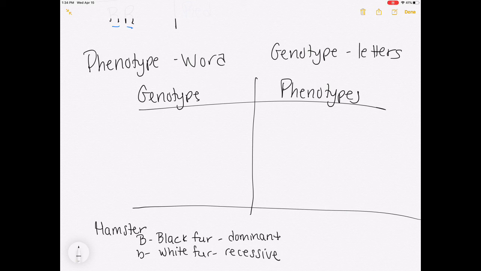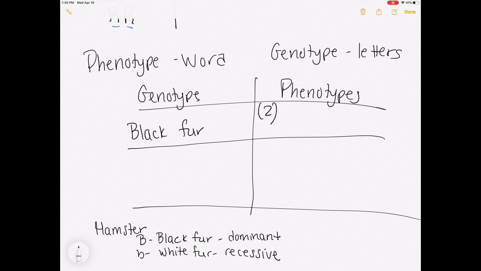Let's say I ask you to show me how we could show black fur. With these dominant traits, you have to be able to show it two ways. And then, how could I show white fur? How could I show black fur here? Well, the easiest way is two big B's.